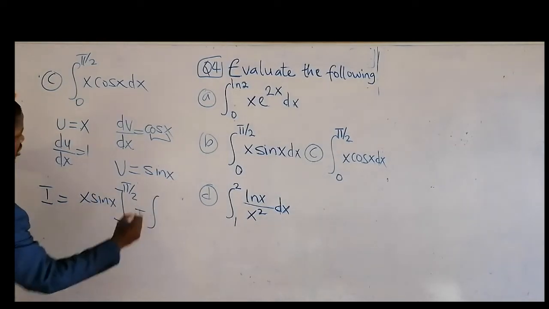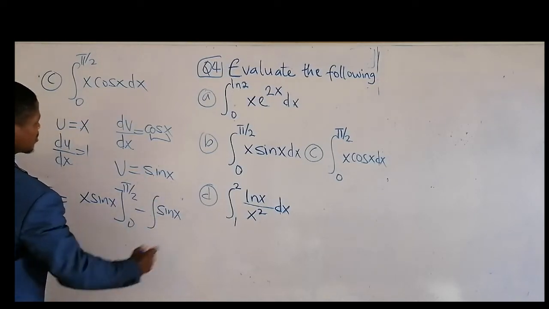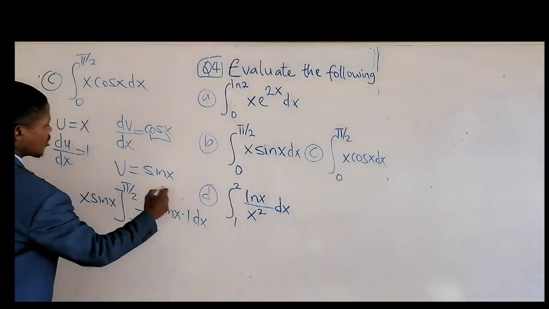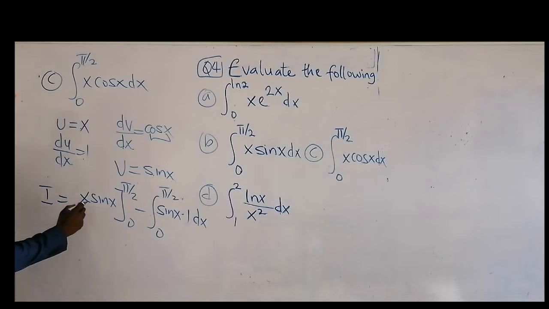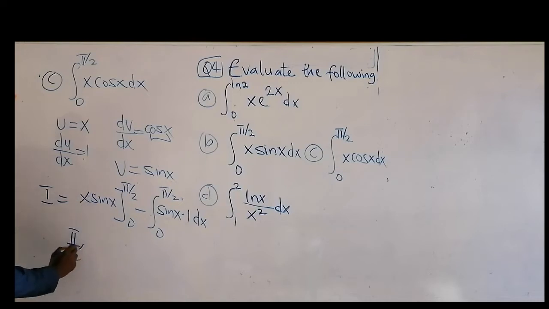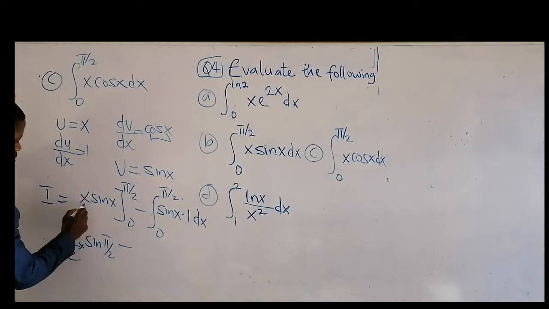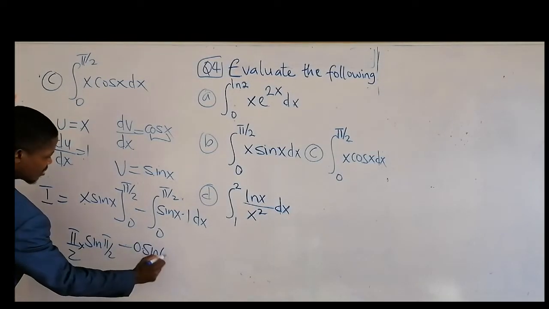Then minus integral of v, which is sin x, and then the u, the x, that's times 1, and the x, upper boundary and the lower boundary. Okay? So we're going to have now pi over 2. You're going to substitute your upper boundary. Pi over 2 times sine pi over 2, then minus 0, the lower boundary, 0 times sine this.